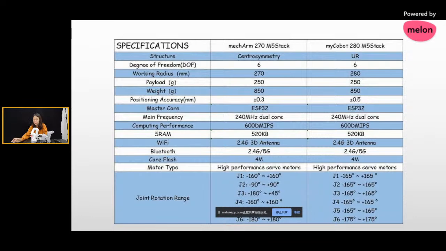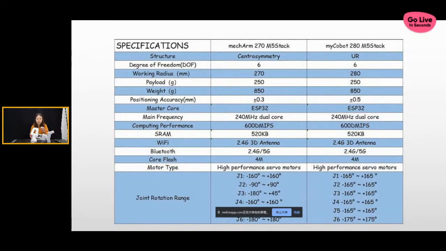You can see almost each joint rotation range of myCobot 280 is a little bit bigger than the joint rotation range of mechArm 270. So that's the difference. That means the mechArm is not as flexible as the myCobot because the joint rotation range is a little bit different.